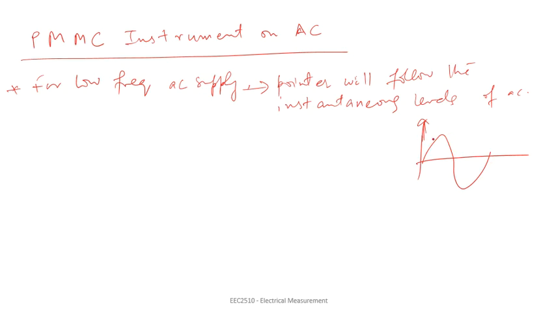Since the pointer is following the instantaneous level, the pointer deflection will increase according to this increasing quantity, and it will reach the maximum at the peak of this AC quantity. Then as the instantaneous current level falls, the pointer deflection again decreases toward 0. And when the AC goes negative, the pointer will be deflected to the other side of the scale.